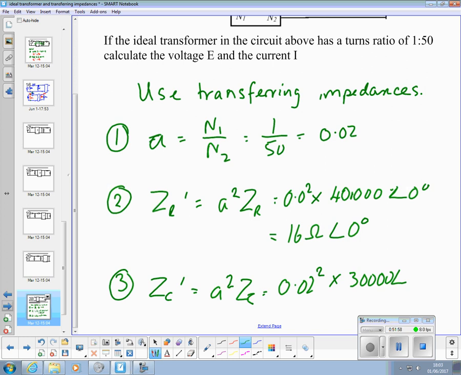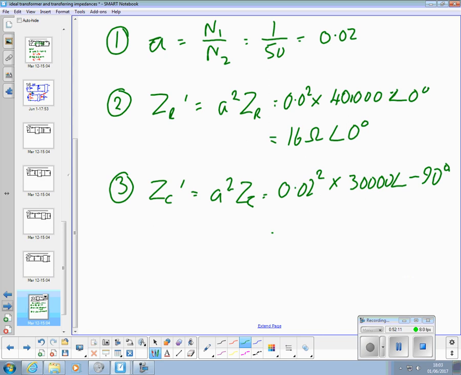Minus j, yeah? Plus is inductor. That is 12 ohms, angle minus 90 degrees.